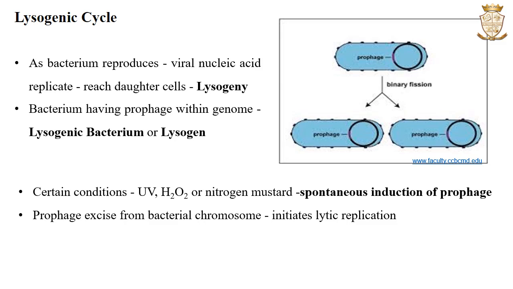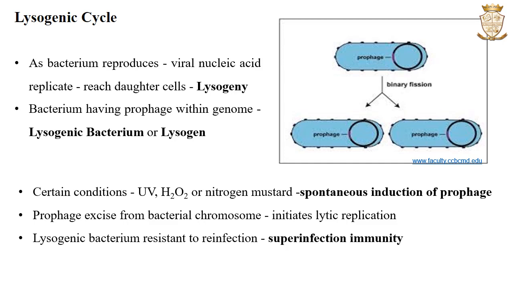It will take over the bacterial metabolic machinery, synthesize the phage capsid components, replicate the phage DNA, and get assembled to form progeny phages. And these progeny phages will get released from the bacterial cell by causing bacterial cell lysis. So after the spontaneous induction of a prophage, the rest of the phases occur in a fashion similar to that of a lytic cycle.